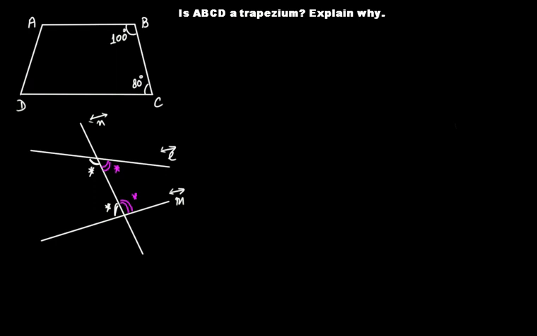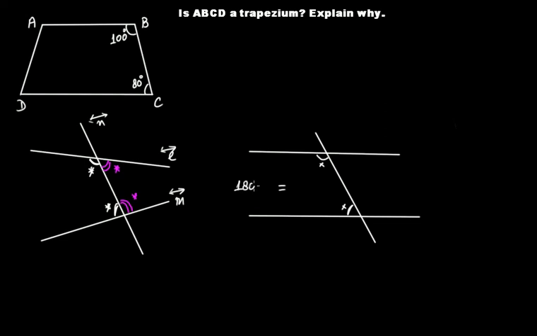So if the two lines are parallel, then the internal angles on the same side of the transversal, this angle plus this angle has to be equal to 180 degrees. Same thing, this angle plus this angle has to be equal to 180 degrees.